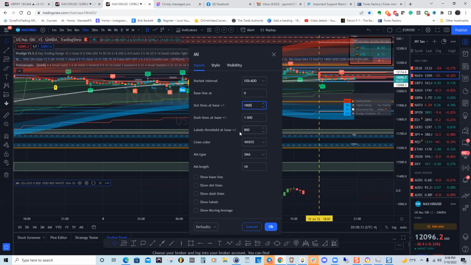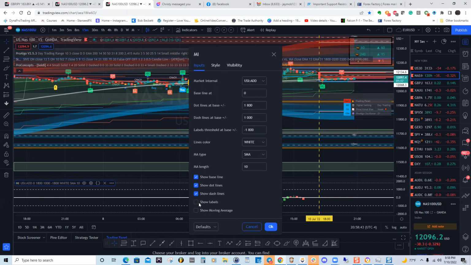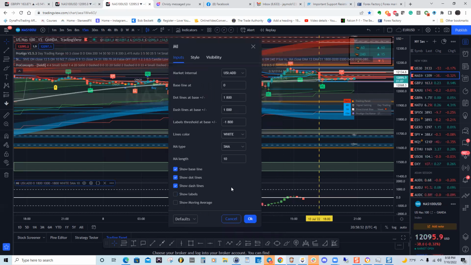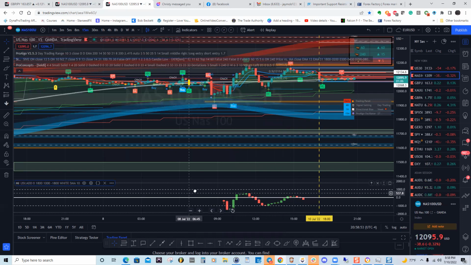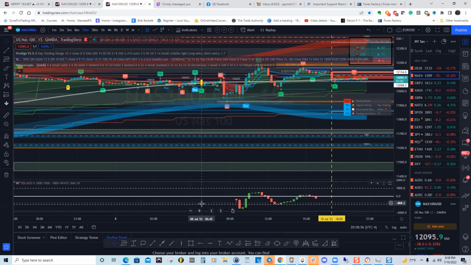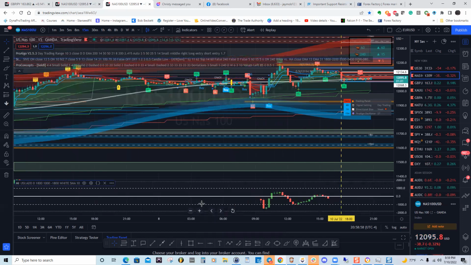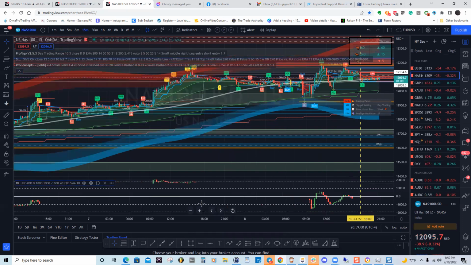Over here, negative 1800. Let's see, draw a baseline. 0 dotted lines. Draw a line like this. Okay, here we go. I want this one, take this off. Okay, let's see what this is. All right, so this is 1800. So let's see, 0. Oh, so this is 1800.